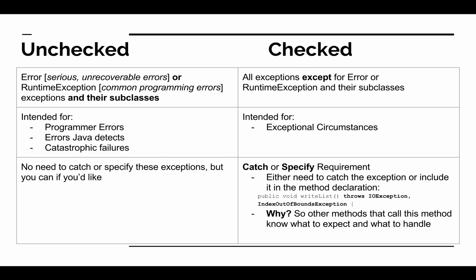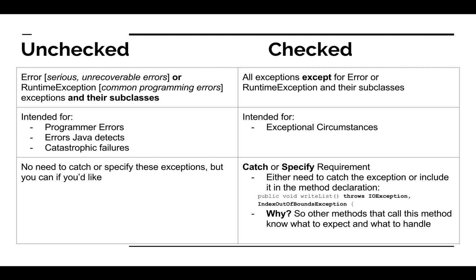So for example, you have a method that calls another method that might throw an error. But the method you're talking about doesn't have the catcher specify? No, it still has to have the catcher specify. Oh, in order to even call that method? Yeah.